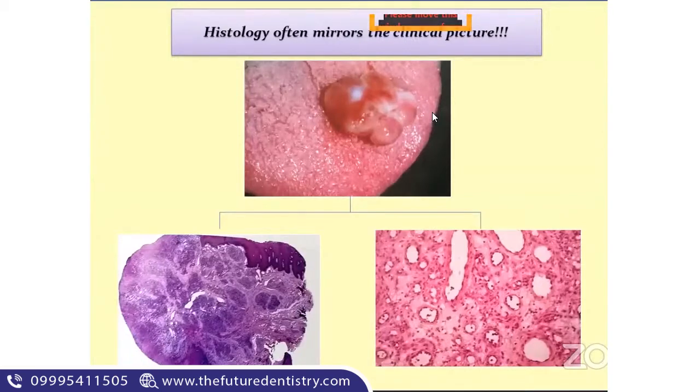So in such cases, you have to ask the patient about his or her previous history, occurrence of lesions like this previously, or the nature of those lesions, and the window period between the occurrence of these lesions. All these play an important role in making a diagnosis. However, in this case, the simple diagnosis would be pyogenic granuloma.